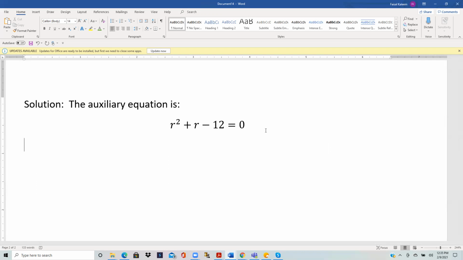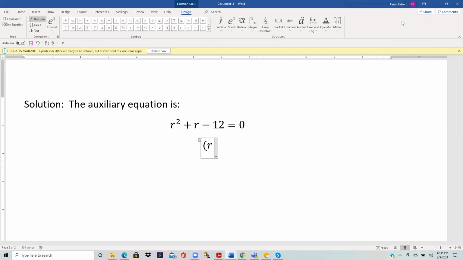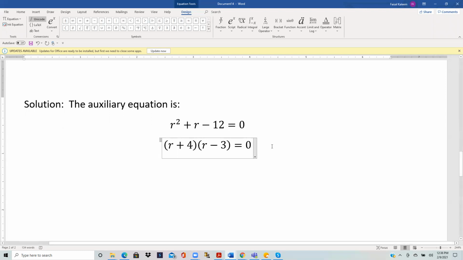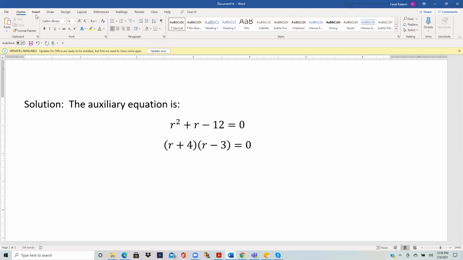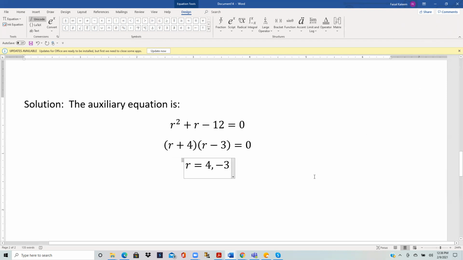So this factors into r plus 4 and r minus 3 is equal to 0. And r equals 4 or negative 3.